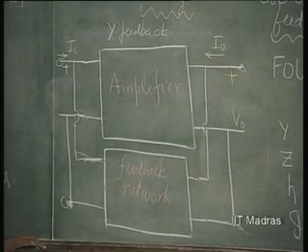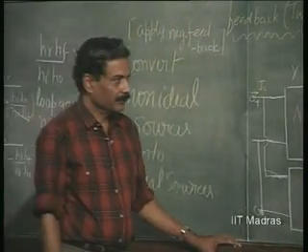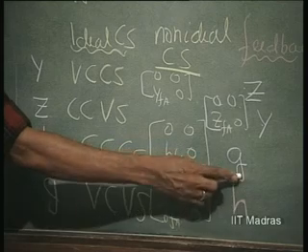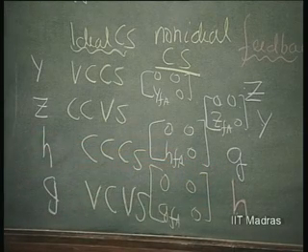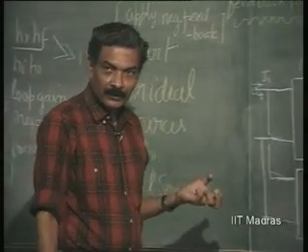Let us summarize the whole thing. There are 4 types of feedback: Z feedback, Y feedback, G feedback, H feedback, respectively, if they are negative and have high loop gain.